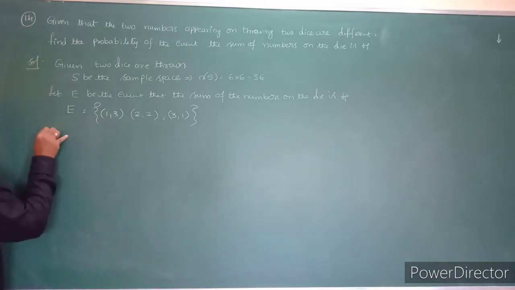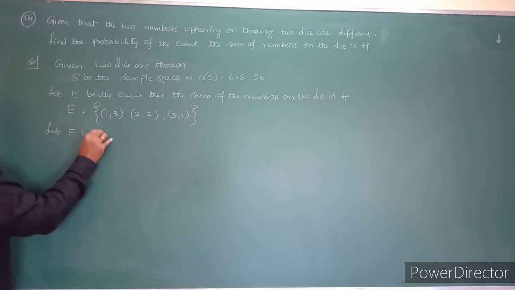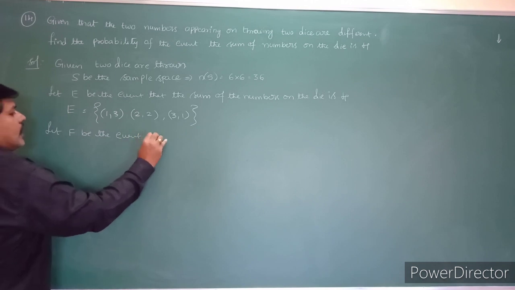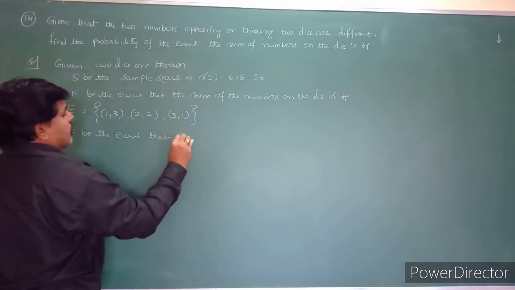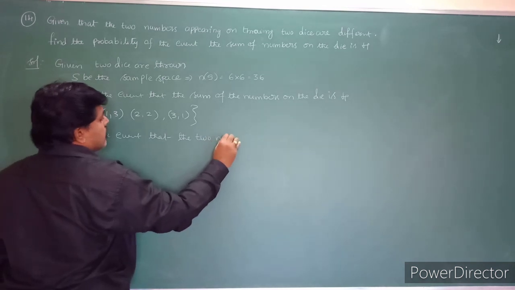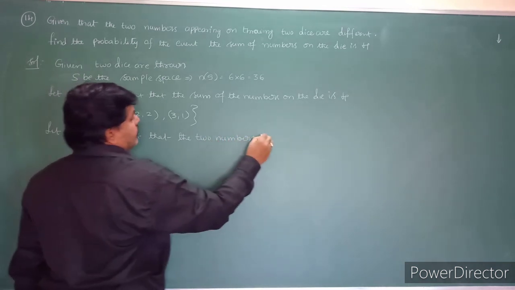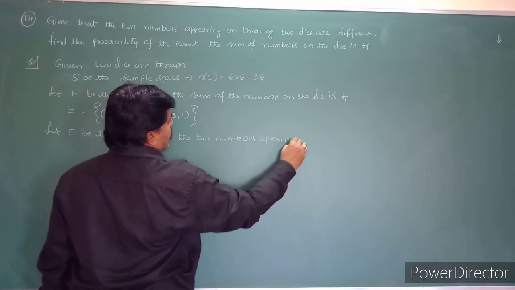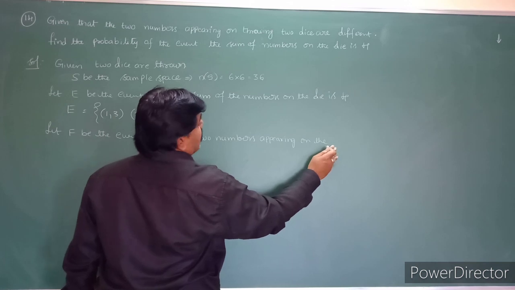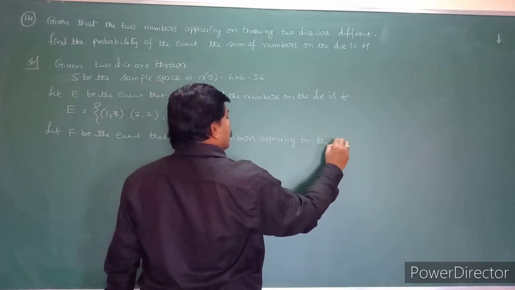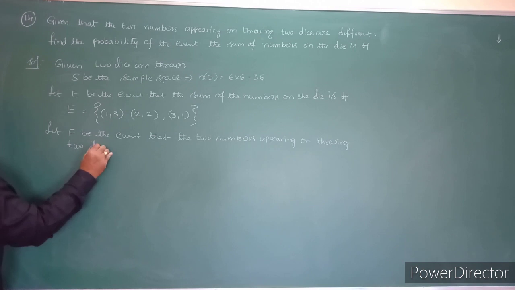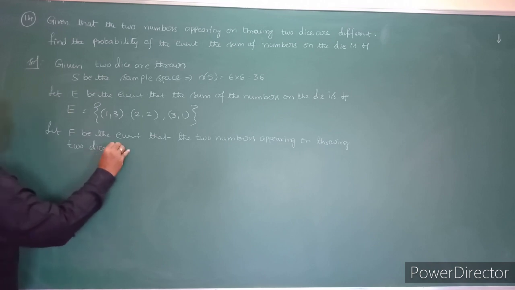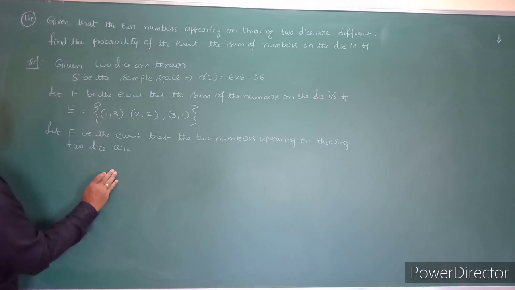Next, what is F? Let F be the event that the two numbers appearing on throwing the two dice are different.